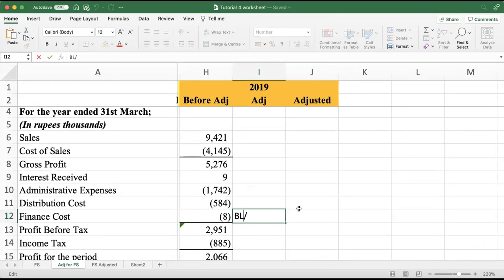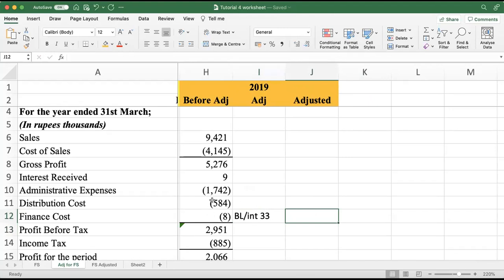You have to take bank loan interest 33. So 8 plus 33, you get 41. Right. So this is the 2019 adjustment.